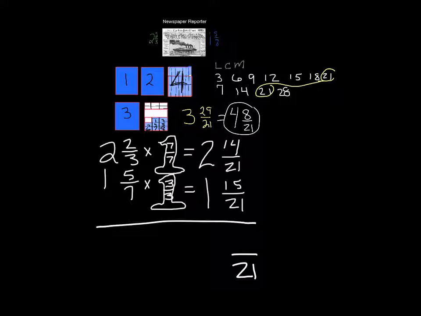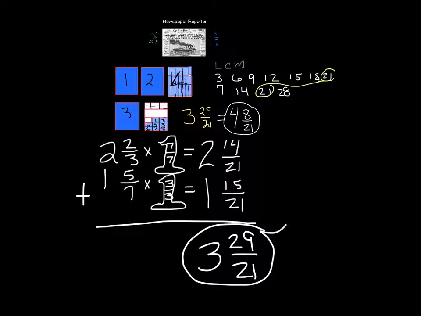In this case, I am adding. So I've got 4 plus 5 is going to give me 9. And right here I've got 1 plus 1 is going to give me 2. And then here I have my whole numbers. 2 plus 1 is going to give me 3. And as you see, this agrees with the first answer we got up here for the illustration of 3 and 29/21.